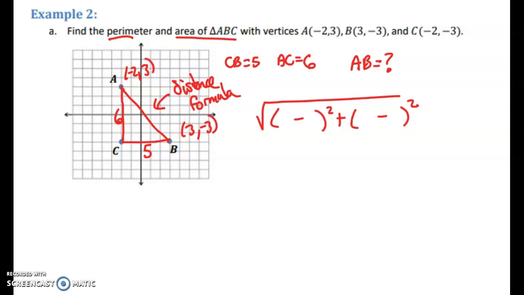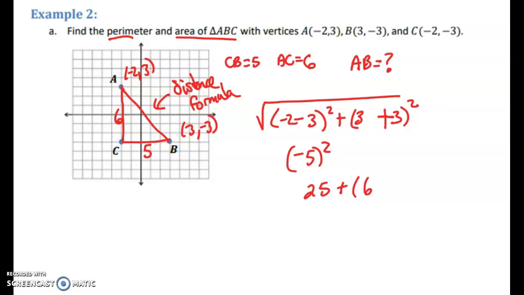I would just determine which one's x1, y1, x2, and y2. So I'd have -2 minus 3, that's -5. Squared is 25. And then 3 minus -3 turns into plus, because minus a negative is plus. So I have 6 squared.